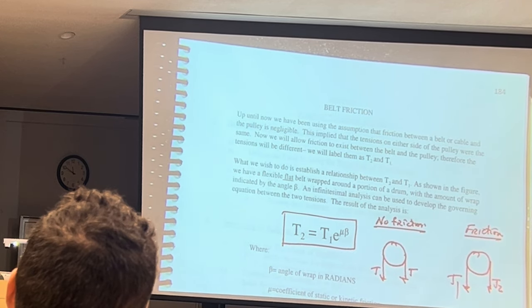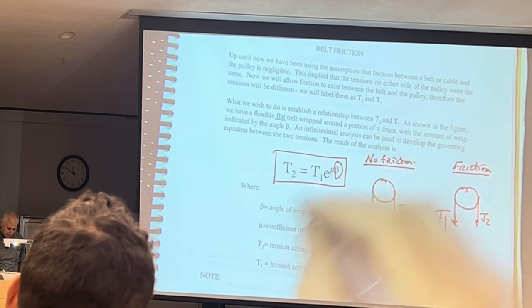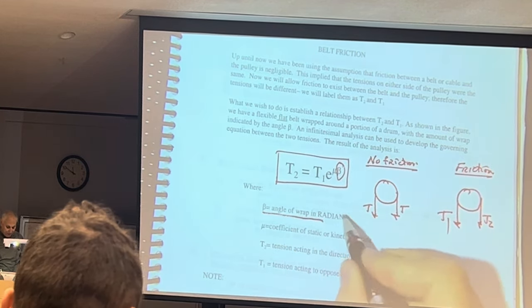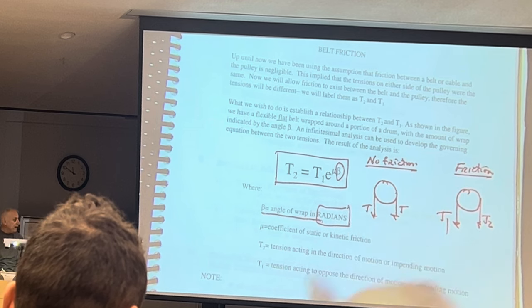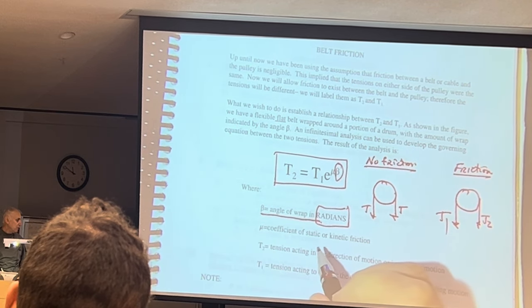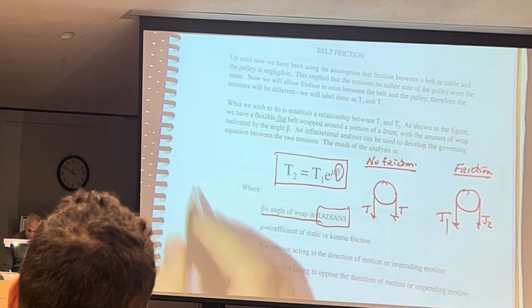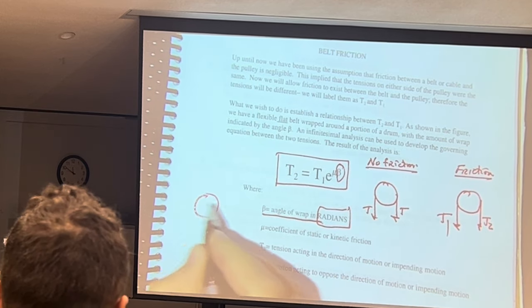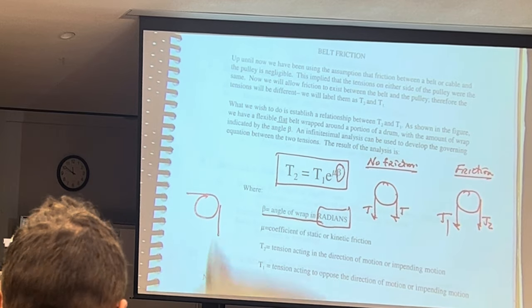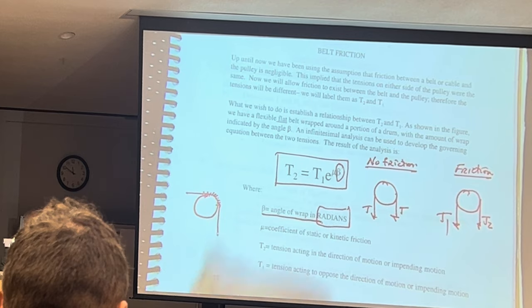Let's go through the equation term by term. Beta. Angle of wrap. In radians. Not degrees. Don't you dare use degrees because it doesn't work. What is the angle of wrap? So if I have something like this, this is the amount of cable touching my pulley.